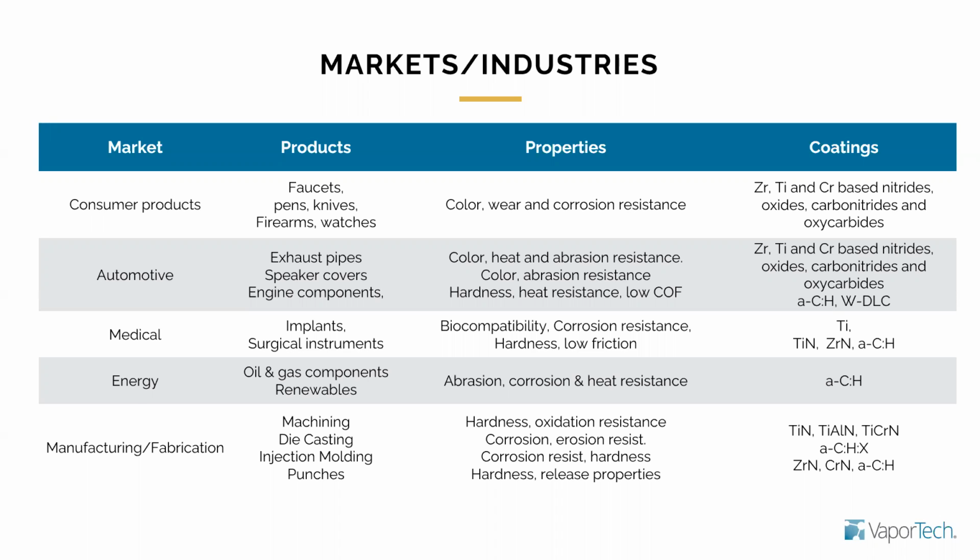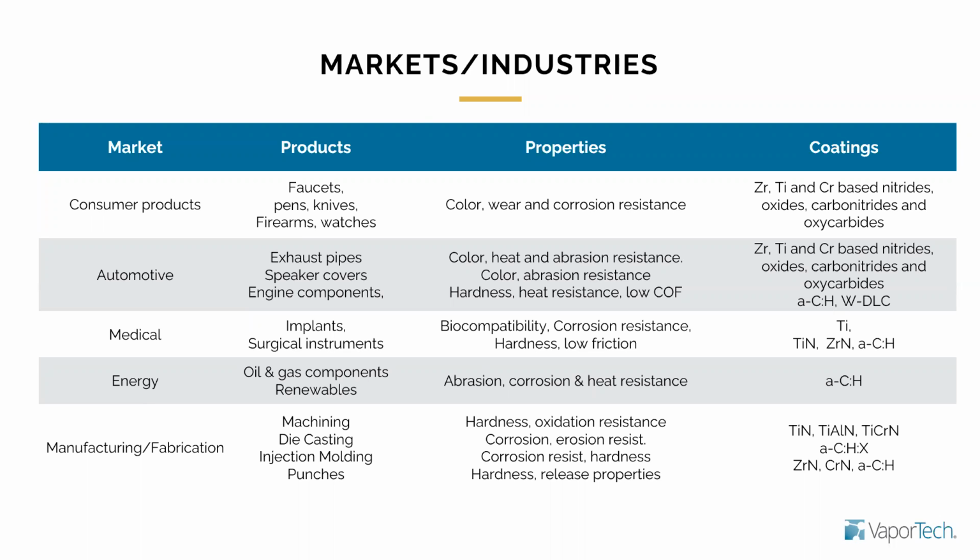For instance, if you have some sort of machining operation, turning or milling, it's not just the operation itself, it's what your substrate is, meaning the tool, what type of lubricant or refrigerant or cooling medium you use, and what type of material you are machining. All of those may come into play when you're trying to decide what kind of coating you're going to be using. But in terms of market, you have consumer products.